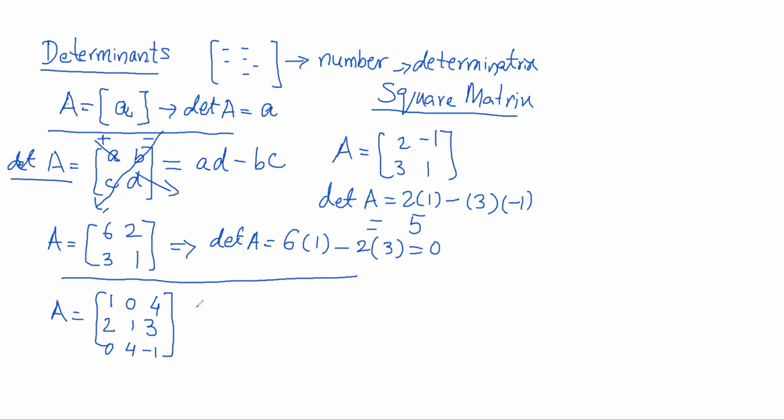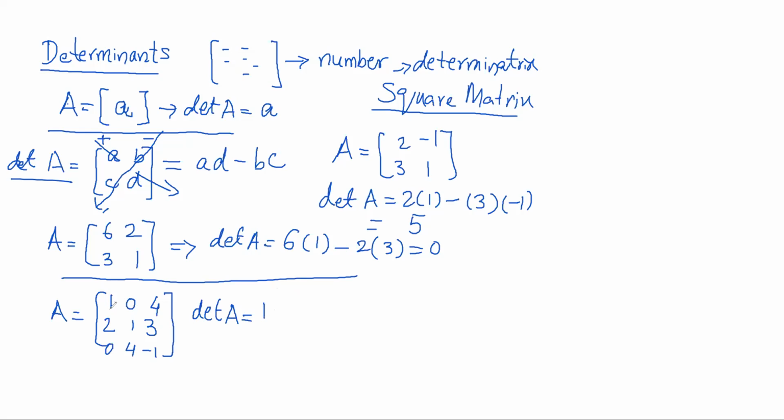The method is something like this: determinant of A will be the sum of some terms. We will start from the first element of the first row. Okay, so we will start from 1.